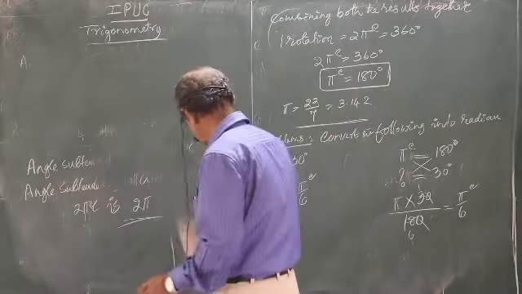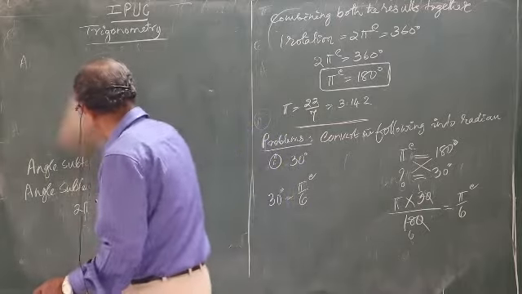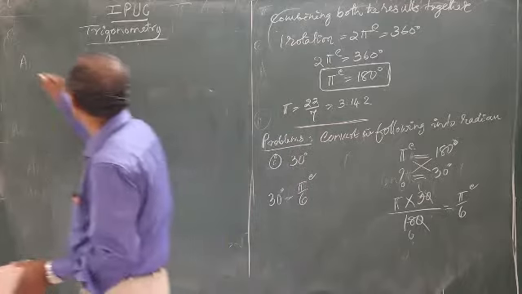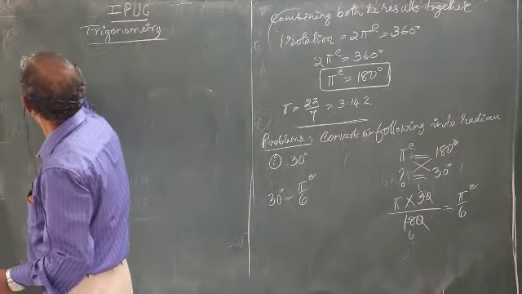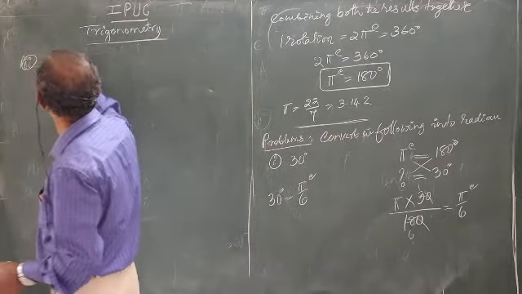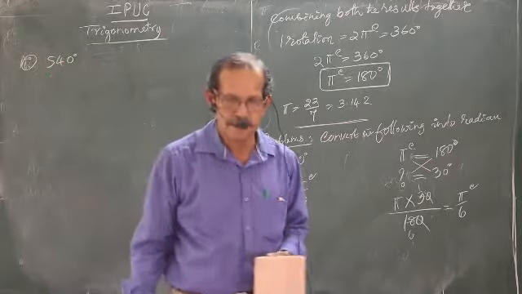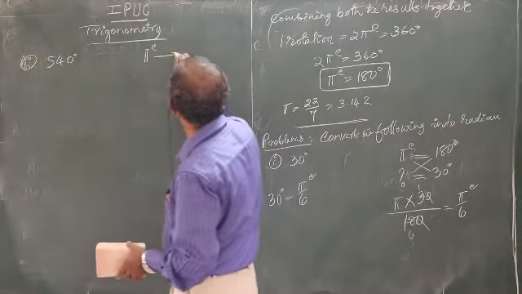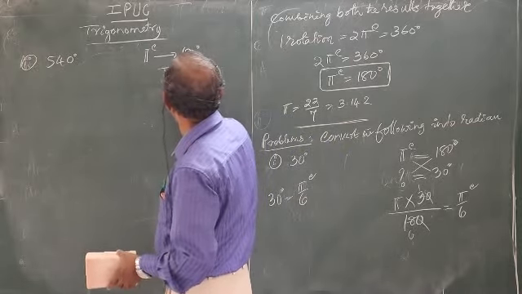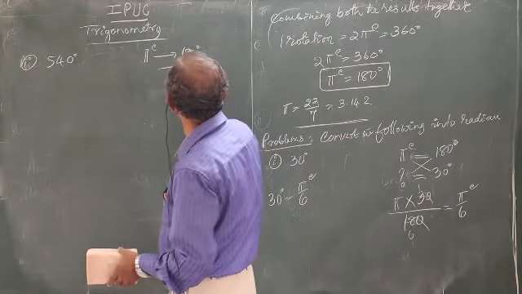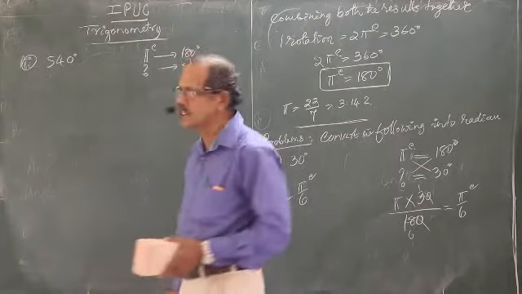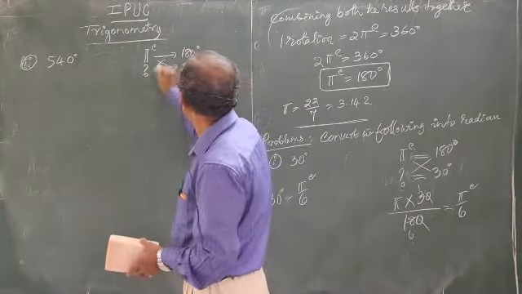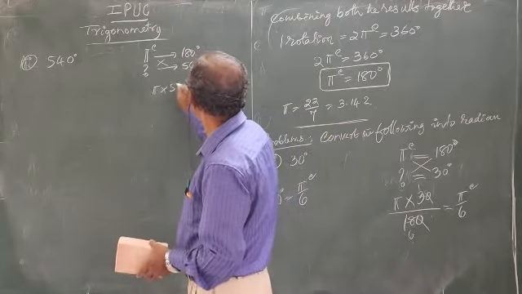Problem number second. 540 degree. Pi radian 180 degree. 540 degree, how many radians? Cross multiplication.